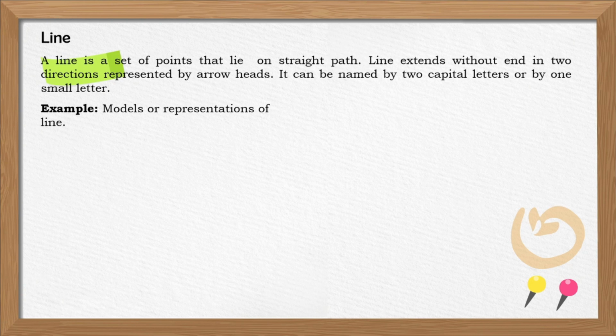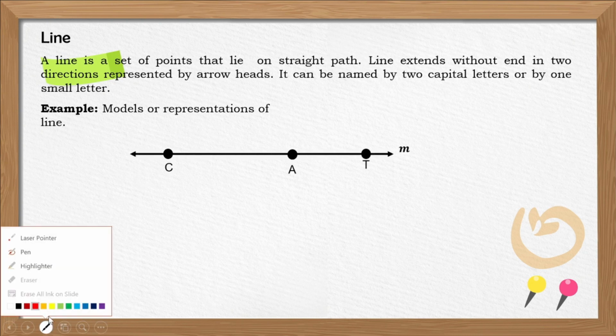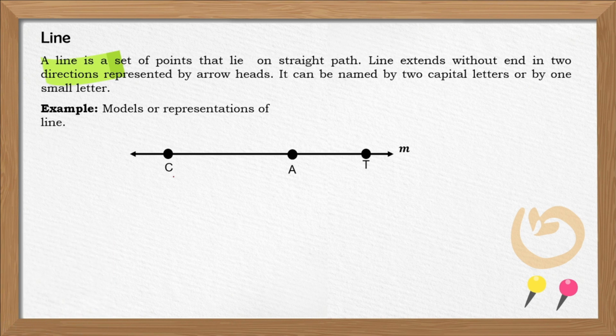Let us have another example. So how do we name this line? So we have point C, point A, point T, and it also has a small letter m.